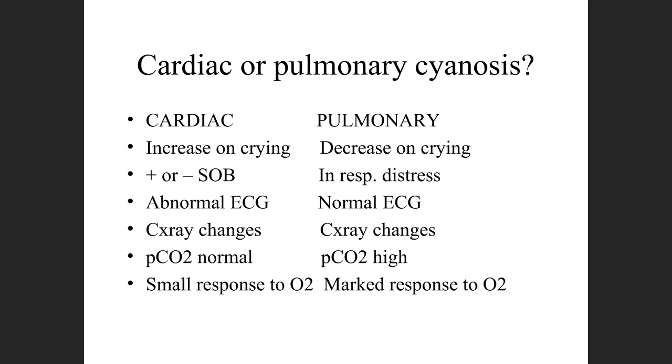And there is, in fact, respiratory acidosis with increase in the PCO2. And when you administer 100% oxygen to these patients, there is a marked response. And quite often the PO2 will go above 200.